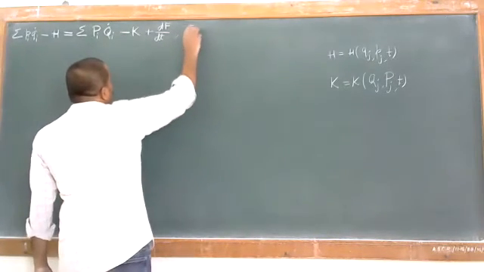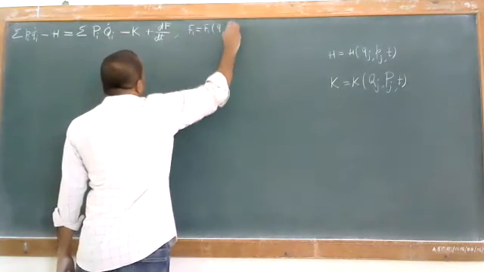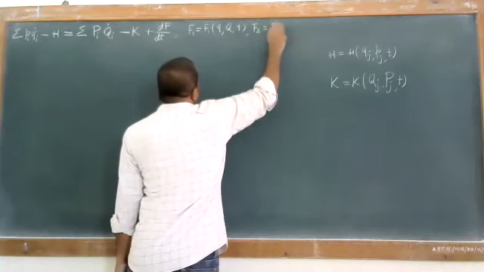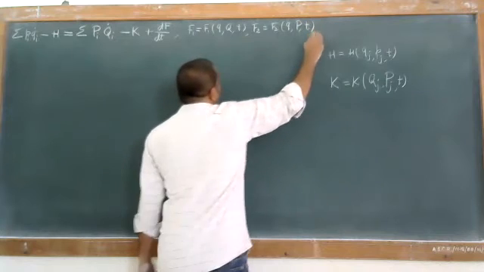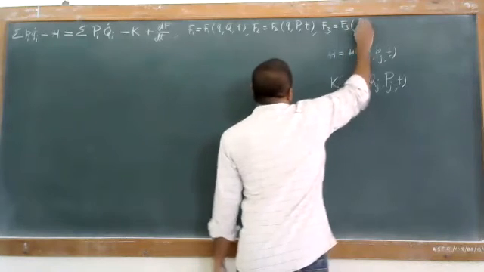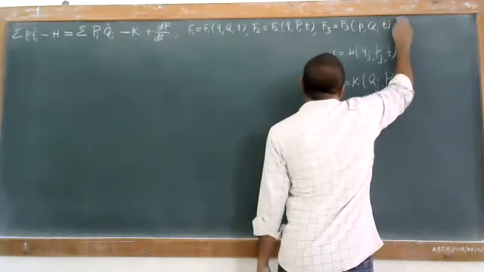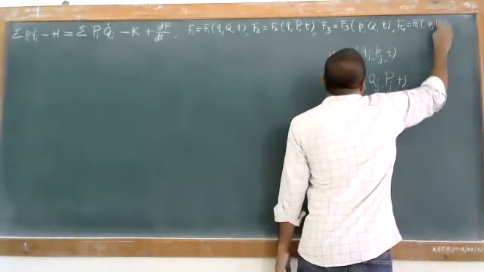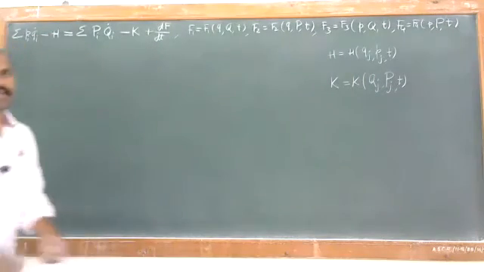So F1 is F1 of small q, capital Q, t; F2 is F2 of small q, capital P, T; F3 is F3 of small p, capital Q, T; and we have a fourth function F4, which is F4 of small p, capital P and T. So these are the four generating functions.